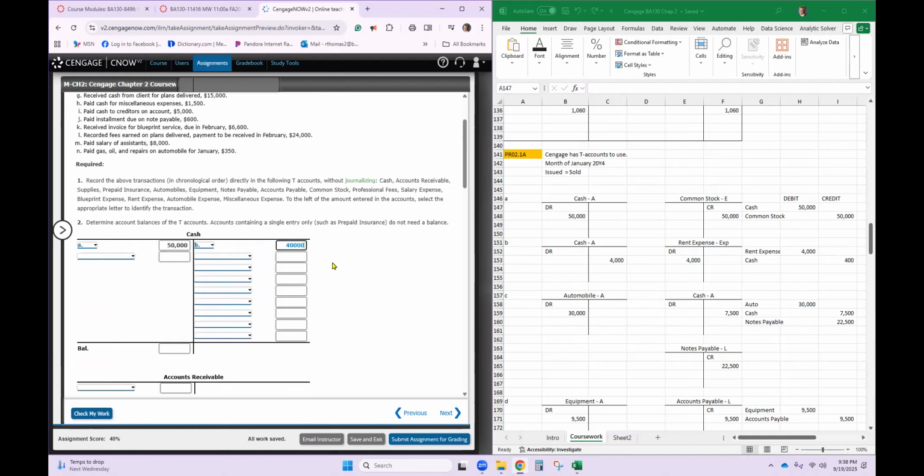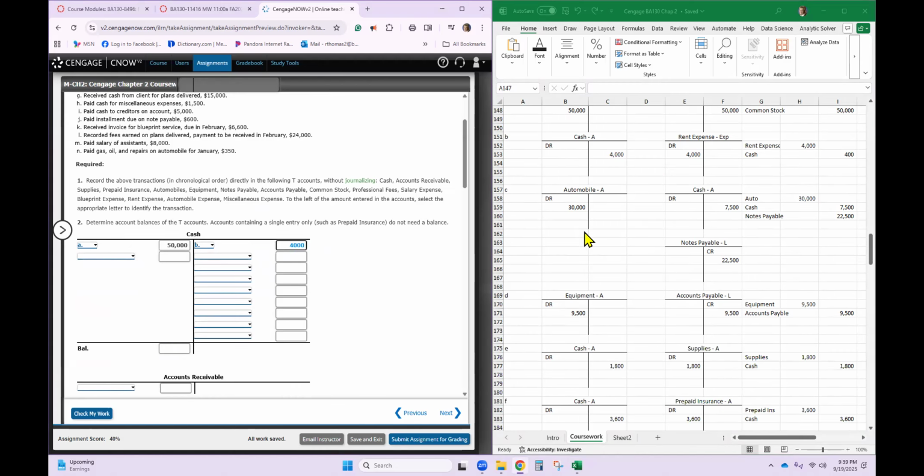Okay. We have a lot more decreases in cash than we have increases, but I think we're still going to end up with a debit balance like we're supposed to. Okay, so now, like I said, I'm going to go to reading these so we can get through this a little more quickly. All right, so then the next one is purchased used automobile for $40,000, paying $8,000 cash and giving a note payable for the remainder.